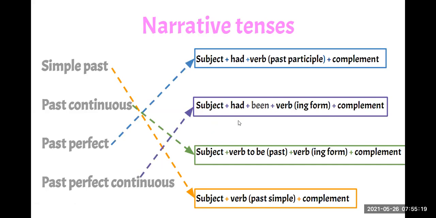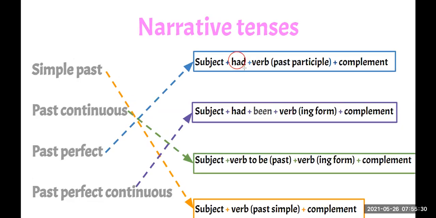As you can see, when we have the perfect tenses, you have to pay attention to the auxiliary verb. We normally have the auxiliary verb had here because it's in the past, right? But in perfect tenses, we have the auxiliary verb have or had, and the verb in the past participle.